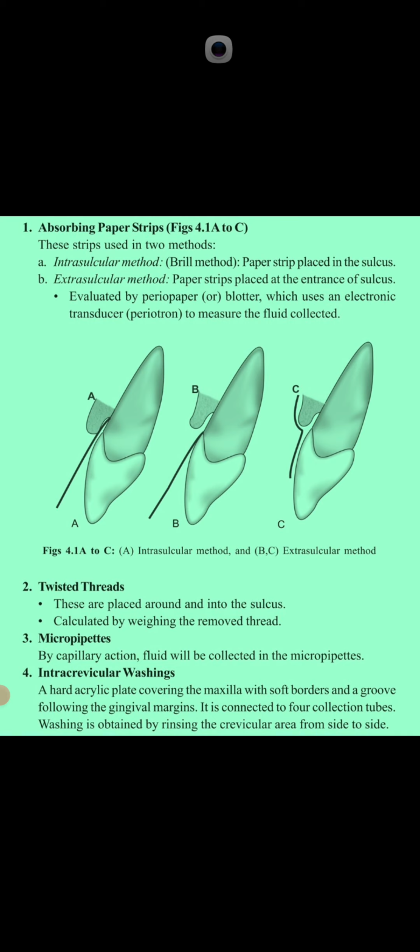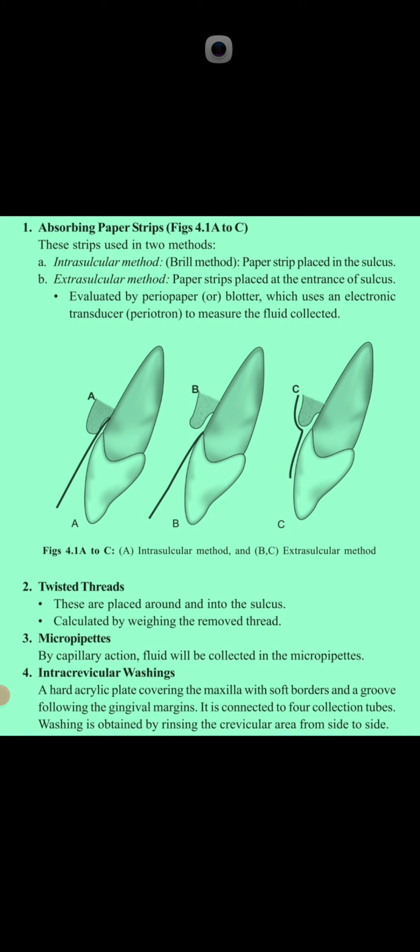Washing is obtained by rinsing the crevicular area from side to side, and this fluid is collected in the four collection tubes. This is the intracrevicular washing method. Now these are the four methods: absorbing paper strip, twisted threads, micropipette, and intracrevicular washing. Now the important point: in the absorbing paper strip method we use the periotron.